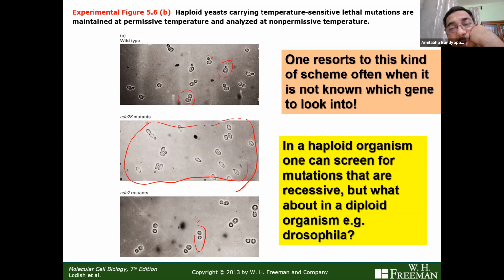Okay, I will give you a hint. You have identified 50; let us say that you have originally seen 200 colonies that could not grow at 37, 36 degrees, but could grow at 23 degrees.